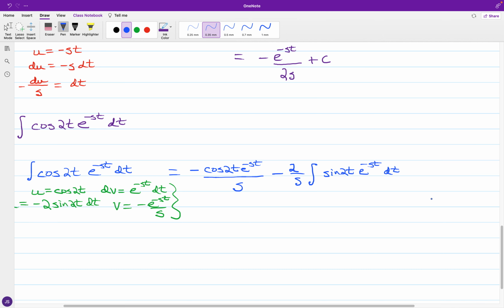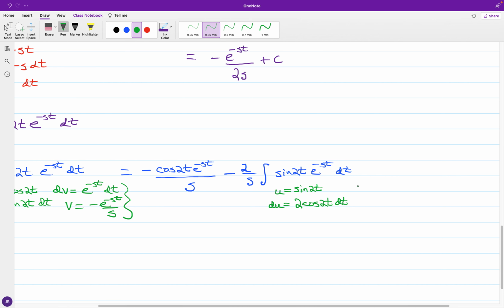For the next round of integration by parts, I'll let u be equal to the sine of 2t. Taking the differential, we have 2 cosine of 2t dt, and dv is equal to e to the negative st dt.